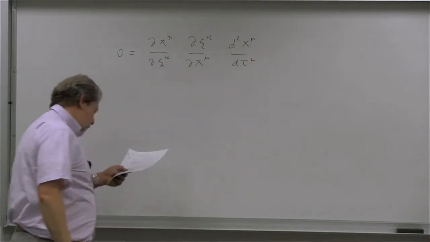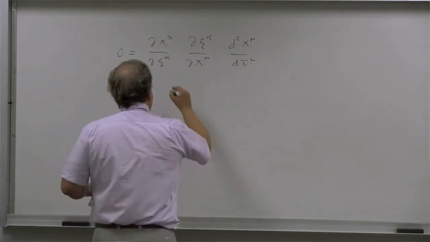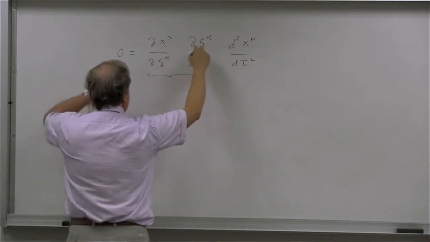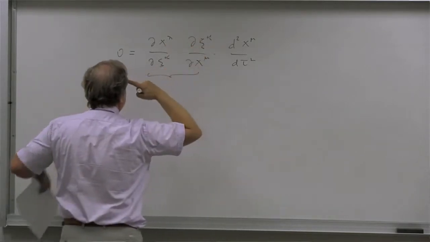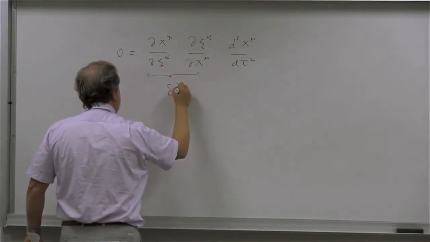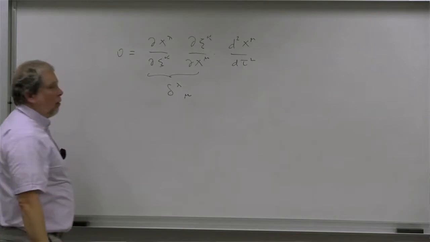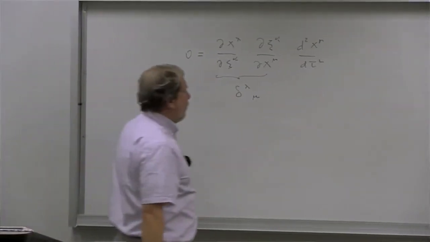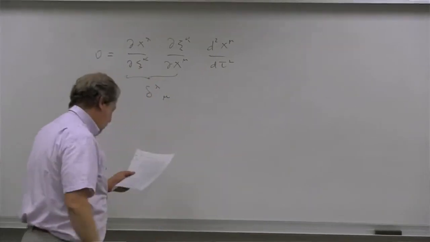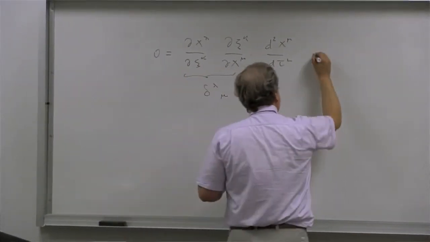Because alpha is summed over, you can get rid of these differentials. So you get just dx lambda by dx mu, and that is just delta lambda mu. That is just a Kronecker delta, which turns this index mu into an index lambda.